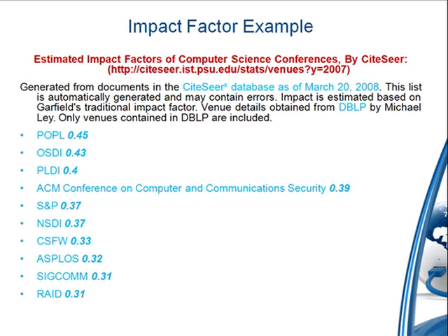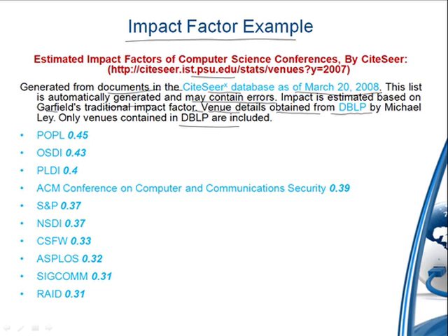For example, in this example, I have used the CiteSeer database, a few entries of the CiteSeer database generated from documents in the CiteSeerX database as of March 20th, 2008. This list is automatically generated and may contain some errors. The impact is estimated based on Garfield's traditional impact factor. Venue details were obtained from DBLP by Michael Ley.